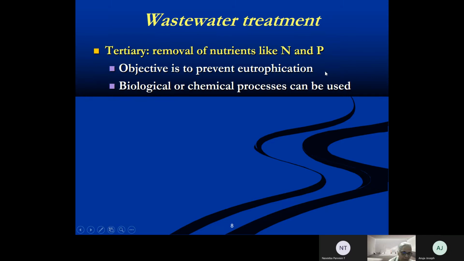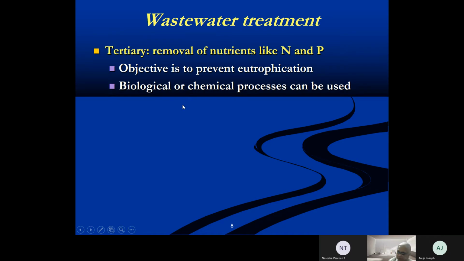Eutrophication happens when the levels of nutrients, nitrogen and phosphorus, are high.